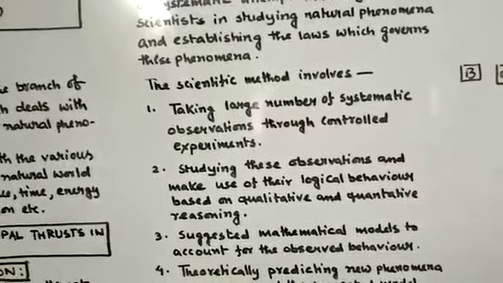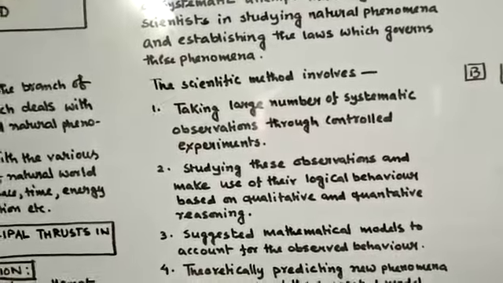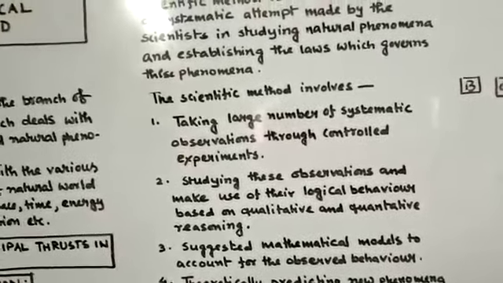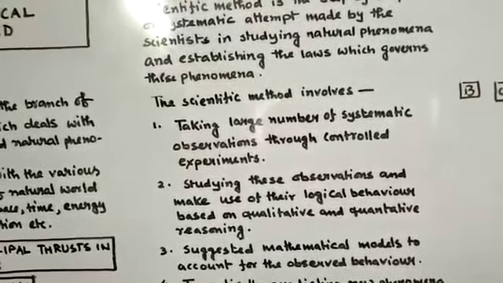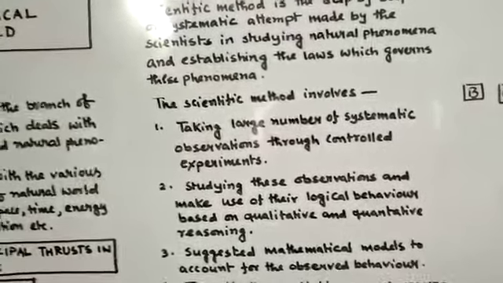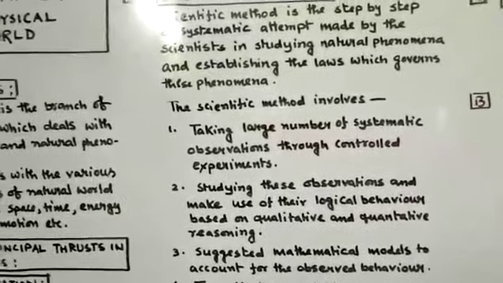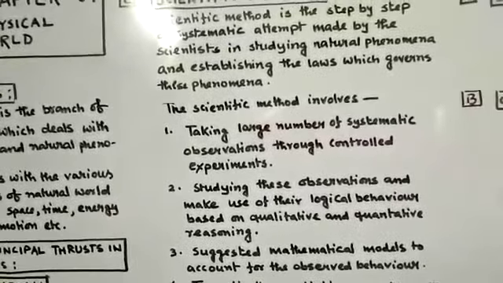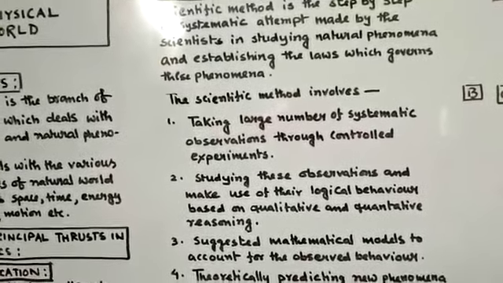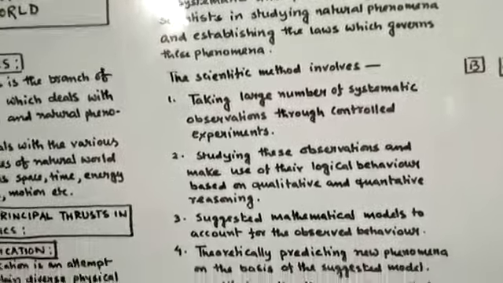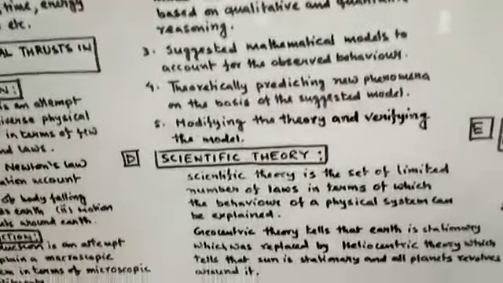Now for example, if you consider the attraction between the objects, as you have got in lower class, the gravitational force. The gravitational force comes whenever there is a mass. So the formula which is predicted is nothing but is your F equal to G m1 m2 by r square.